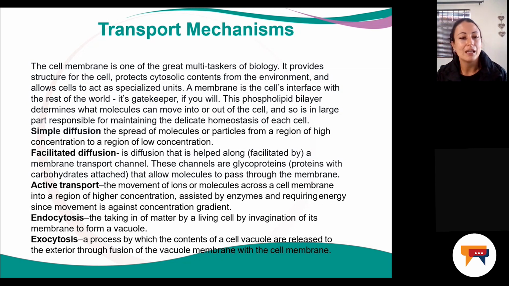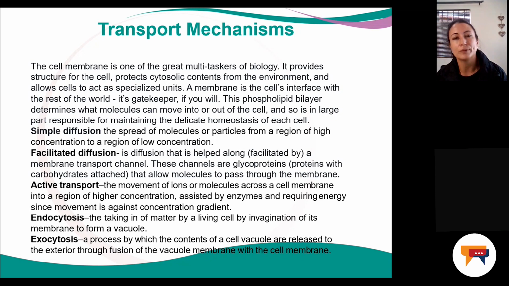So we focus mainly on 5 different types of transport mechanisms in this module. The first one is simple diffusion. So there's 2 different types of diffusion that we talk about. Simple diffusion is the spread of molecules or particles from a region of high concentration to a region of low concentration.